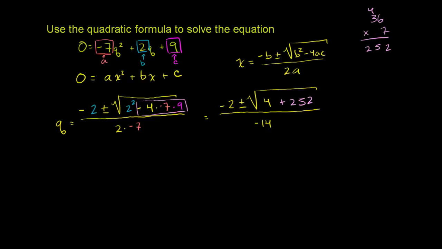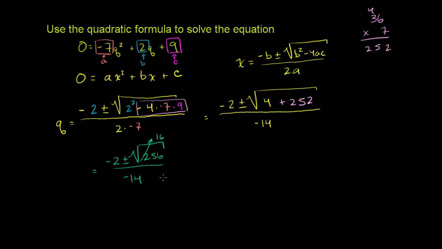Now what does this equal? This is equal to negative 2 plus or minus the square root of, what's 4 plus 252? It's just 256. All of that over negative 14. And what's the square root of 256? It's 16. You can try it out for yourself. This is 16 times 16. So the square root of 256 is 16.